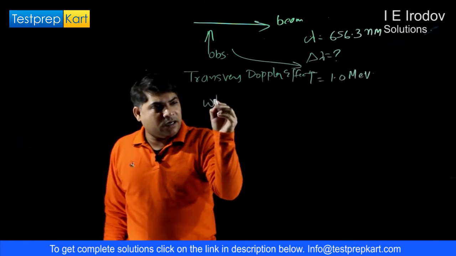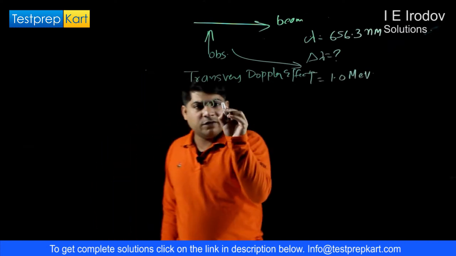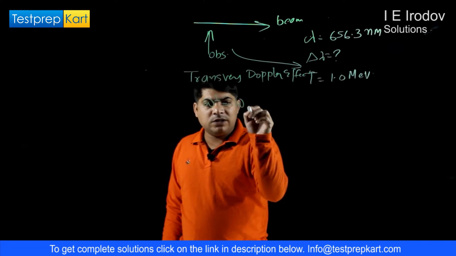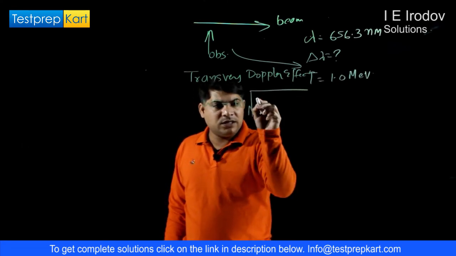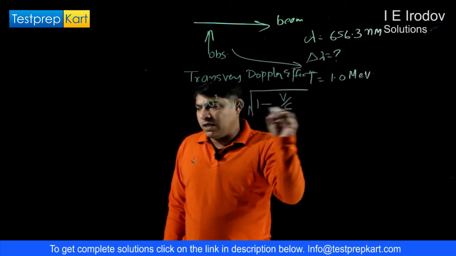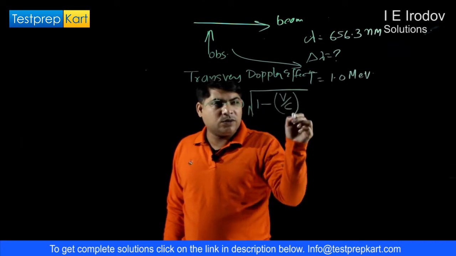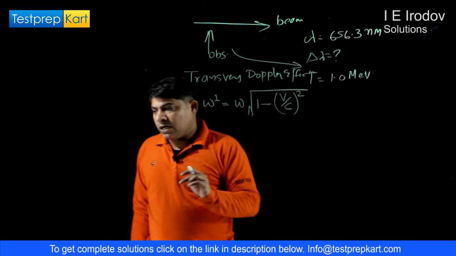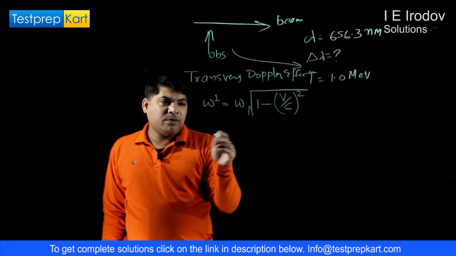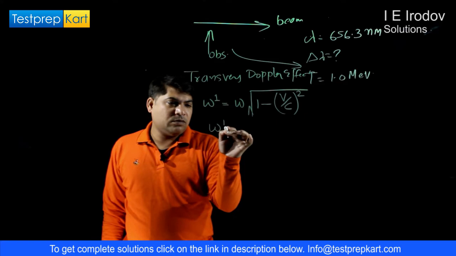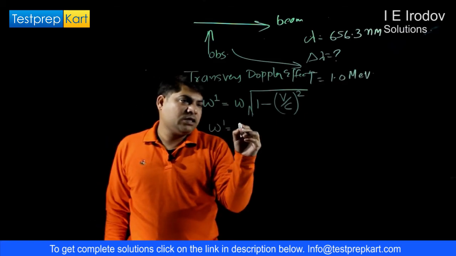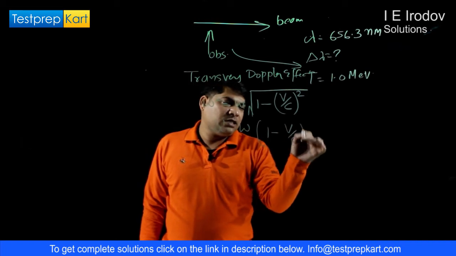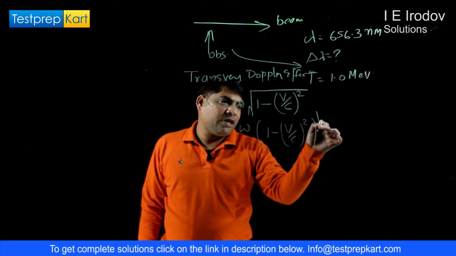And in the transverse Doppler effect, the frequency received by the observer is equal to the frequency emitted by the source times the square root of 1 minus (V upon C) whole square, where V is the speed of the source. So from here we can write omega dash equals omega into (1 minus (V by C) whole square) to the power 1 by 2.